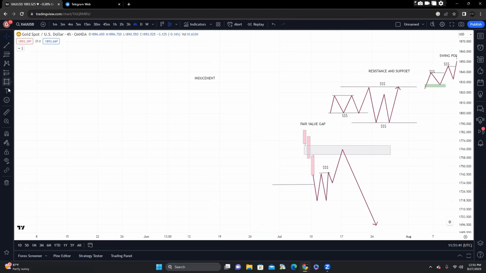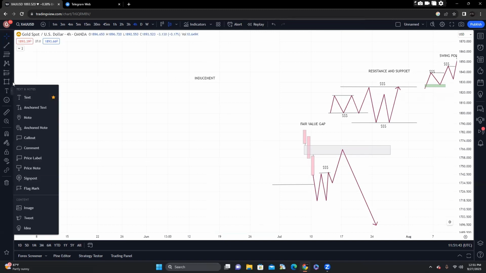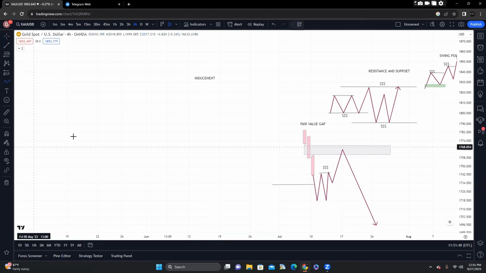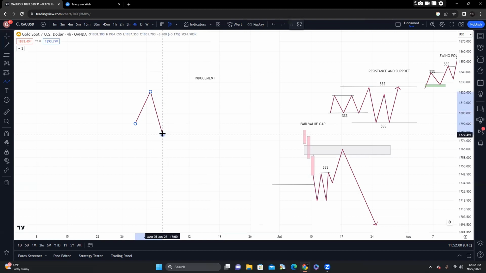So if we look at a chart pattern that forms like this, okay, let's say we have a supply zone here. You have something like this. There was something like this here.